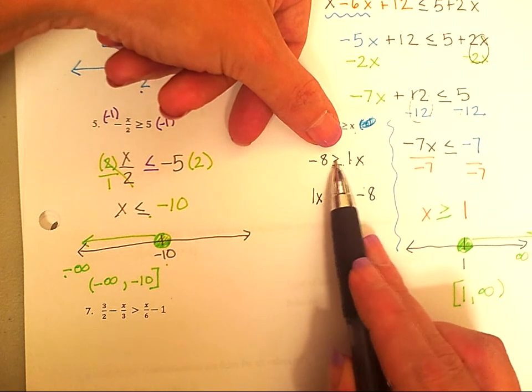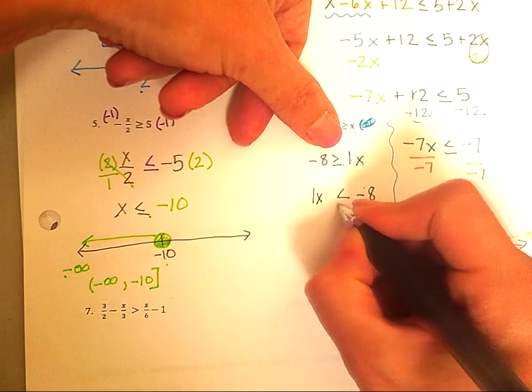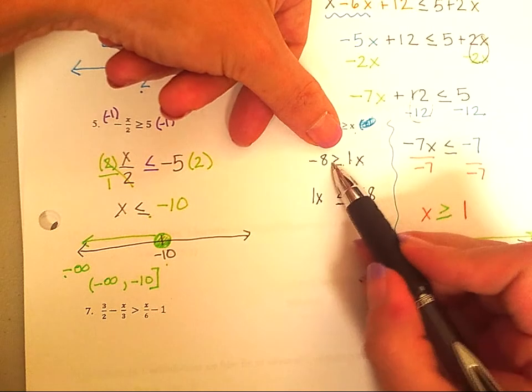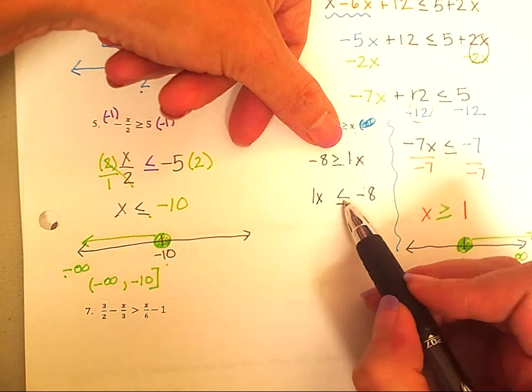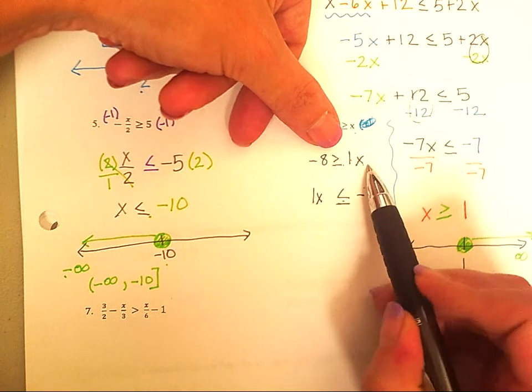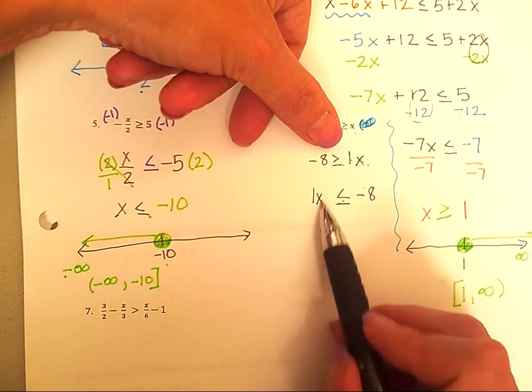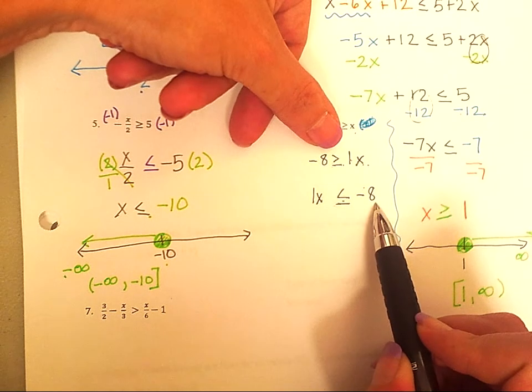To keep the inequality true, I need to be open towards the negative 8, and the arrow pointing to the negative 1x. So these two are the same statement. If negative 8 is greater than or equal to 1x, then it is also true that 1x must be less than or equal to negative 8.